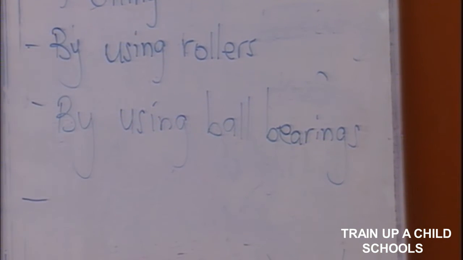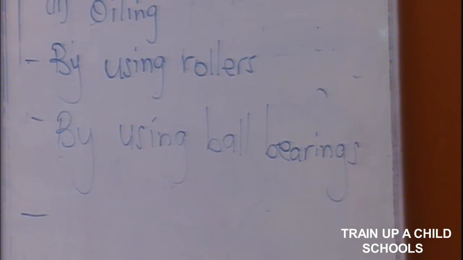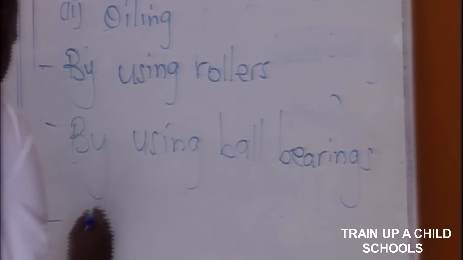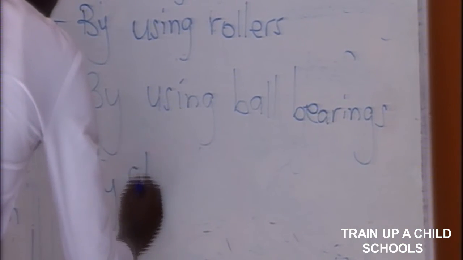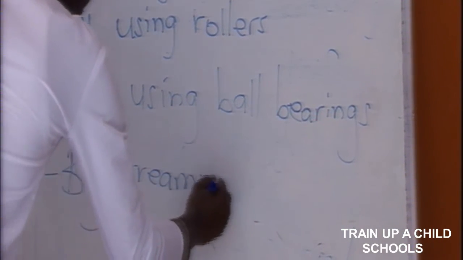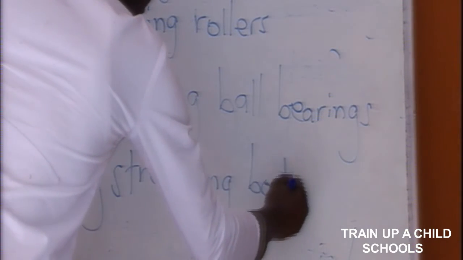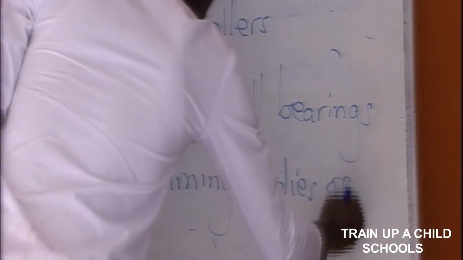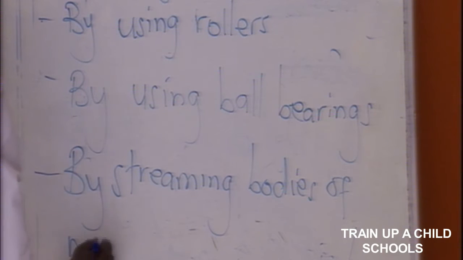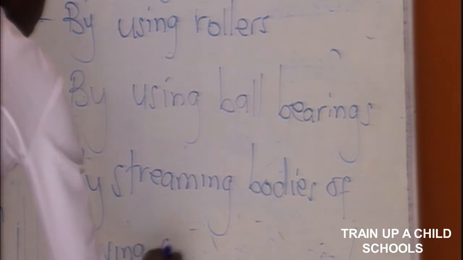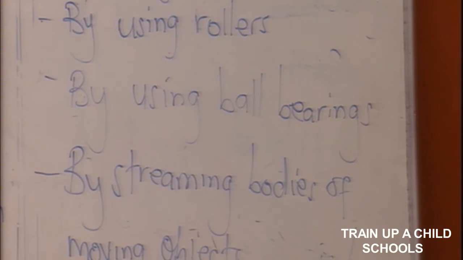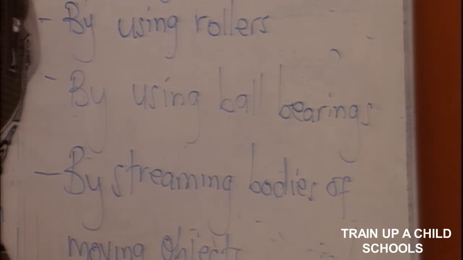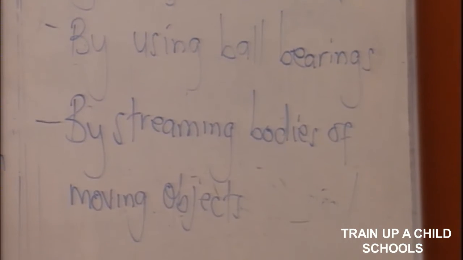Then we can also say by streamlining bodies of moving objects. For example, you can streamline the body of an airplane, a car, or a boat, a canoe.